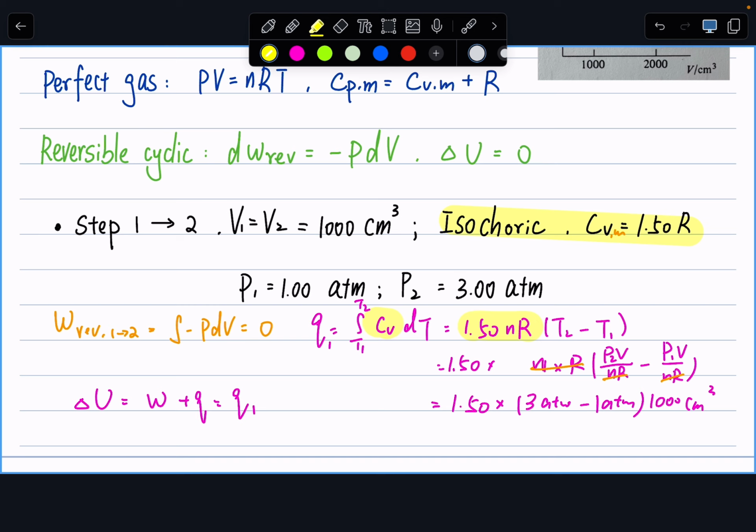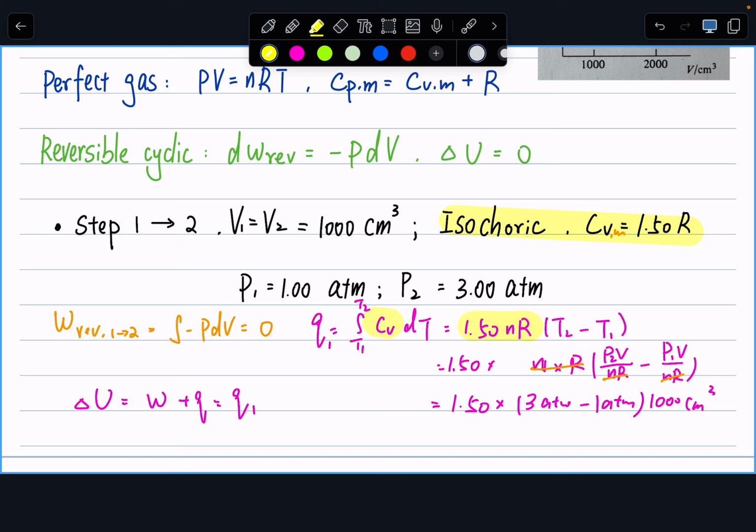How are we doing so far? I mean, this is also a different kind of problem that you could expect in your exam and homework, which is applying what we learned in an actual specific setup to get a numeric answer from it.